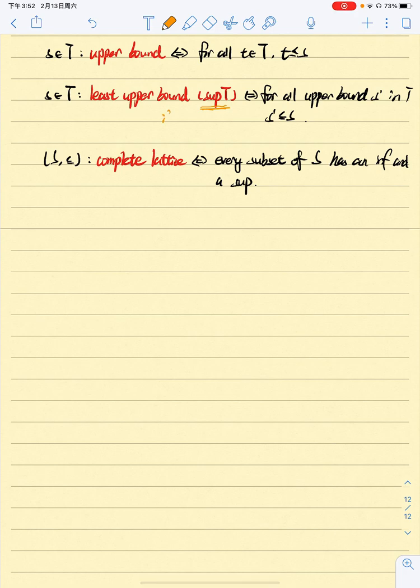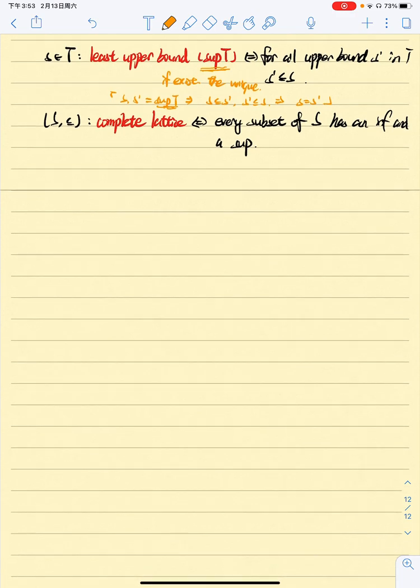If it exists, then it is unique, because if S and S prime are both sups of T, then S is smaller than S prime and S prime is smaller than S by the sup definition, so we have S equal to S prime, okay?